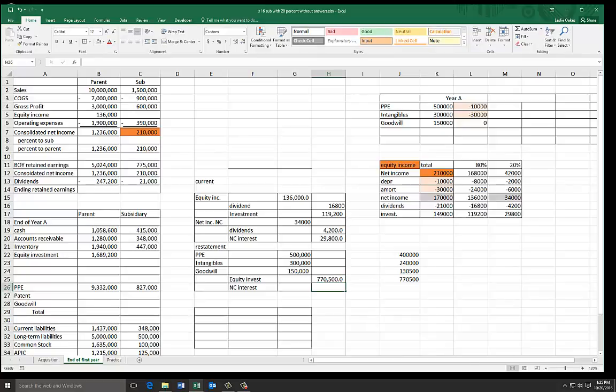And then the rest, which we can do over here if we want, 0.2 times the 500,000, 0.2 times the 300,000, and 0.13 times the goodwill. 87% here, the remaining 13% here. We'll use the auto sum. 179,500.